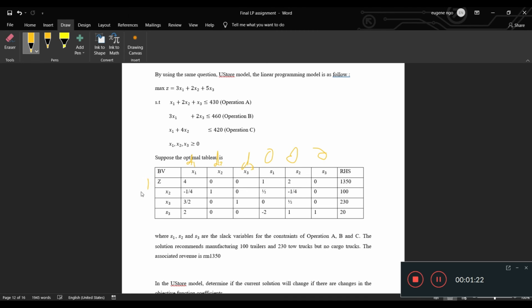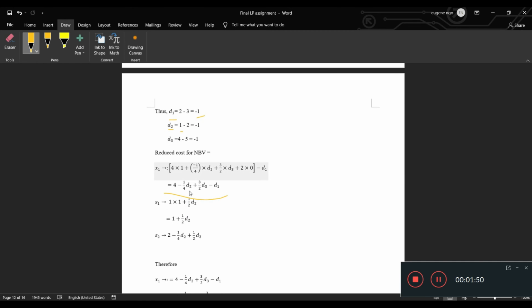Z will be 1, x2 will be d2, x3 d3, s3 is 0. To get the formula for x1: 4 times 1, plus negative 1 over 4 times d2, plus 3 over 2 d3, plus 2 times 0 times d1 from the top here. That's how we get this formula.